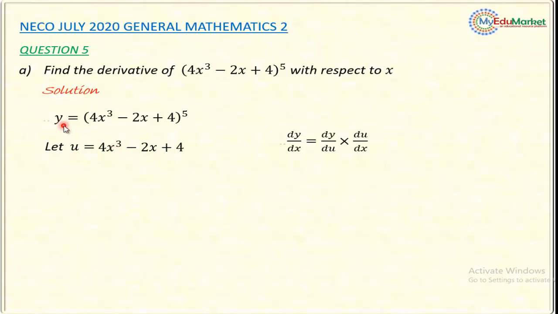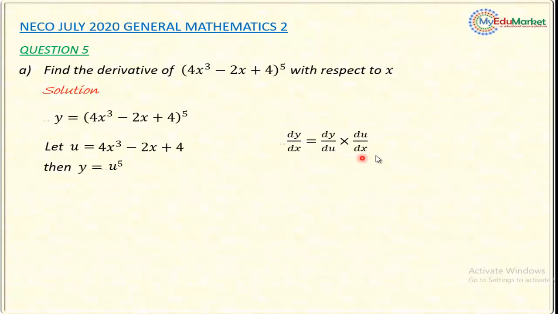So I can now rewrite this y. Y will now be equal to u raised to the power of 5, because y is this bracket raised to the power of 5, and the bracket I let to be u. So now I can rewrite the original function y in terms of u to be y equals u raised to the power of 5.